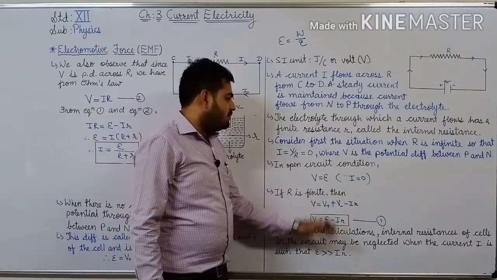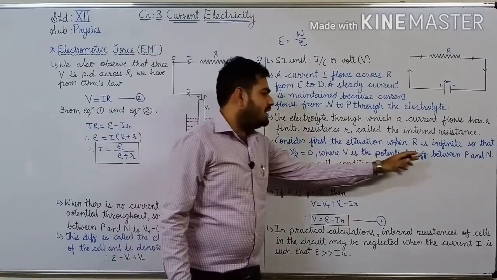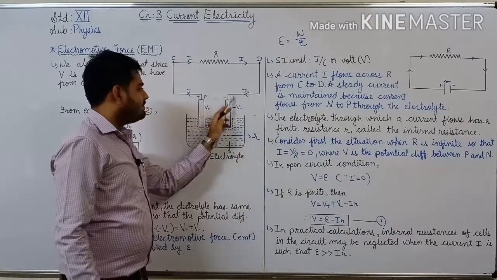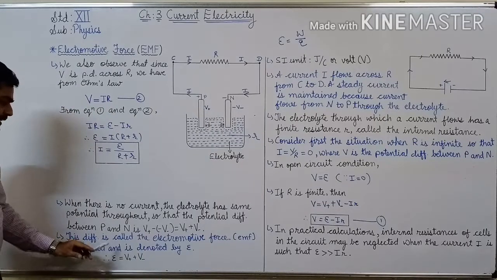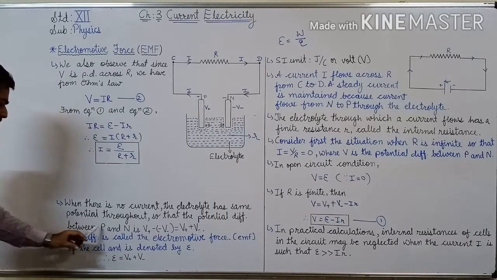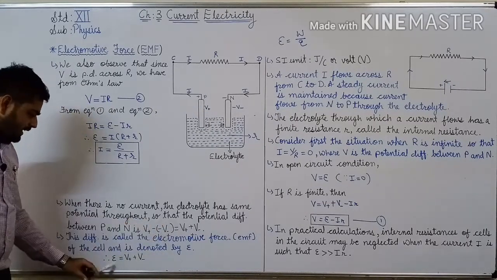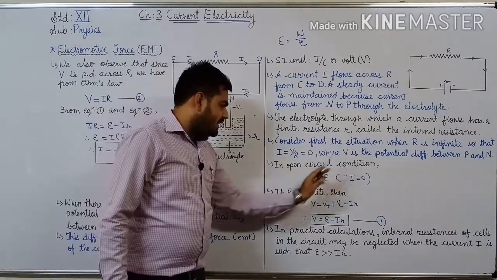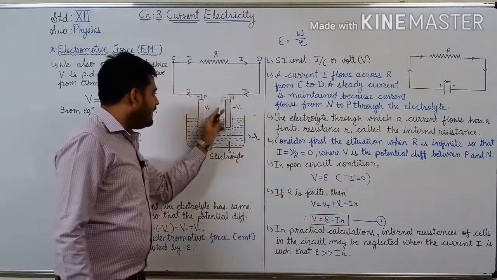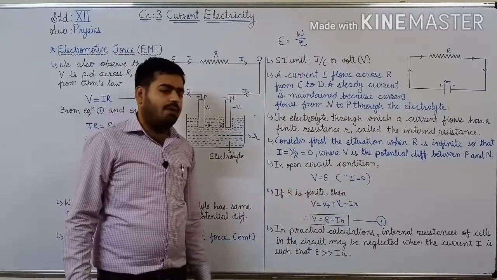So I is equal to 0, where V is the potential difference between P and N. But what is the potential difference between P and N? It is nothing but the EMF E. So in open circuit condition, the potential difference between P and N is nothing but EMF E.